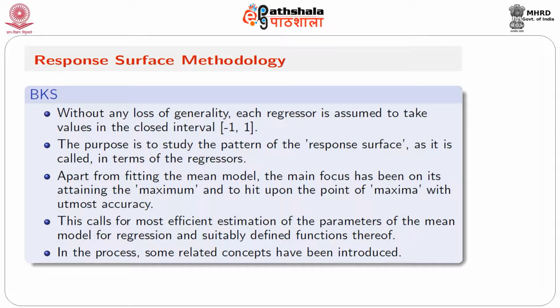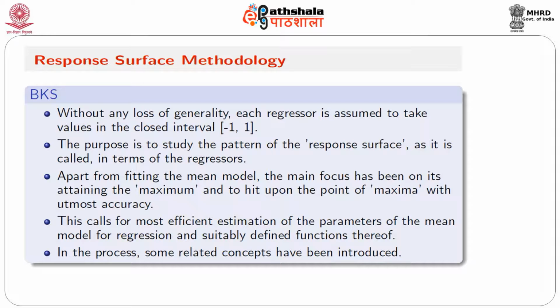So 2 times this will be between 0 and 2, and then 2 times this minus 1 will be between -1 and 1. So x can be converted to u, which is 2 times x minus a over b minus a, minus 1, and that u will be between -1 and 1.